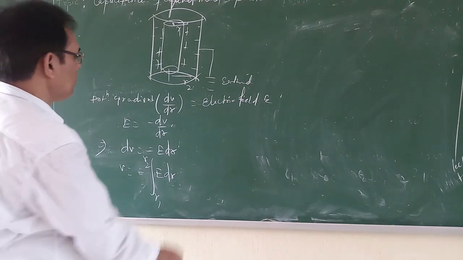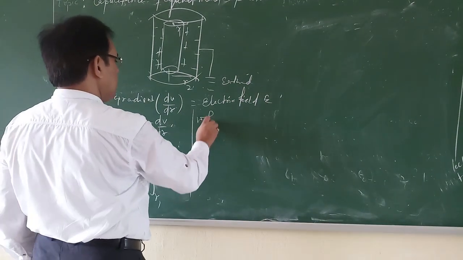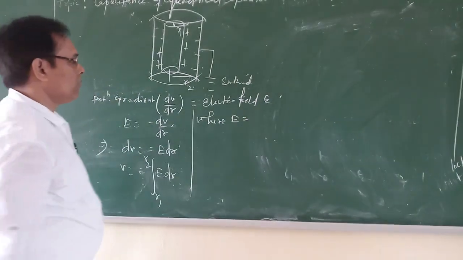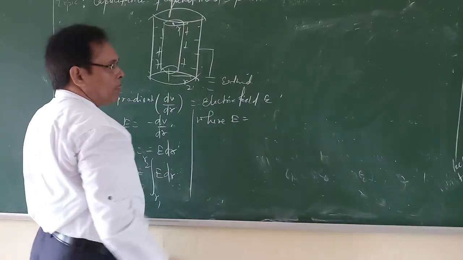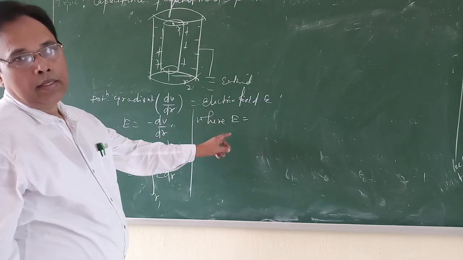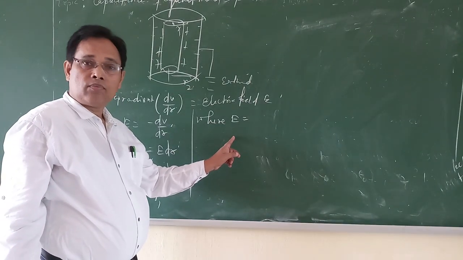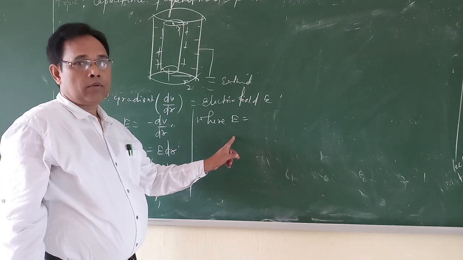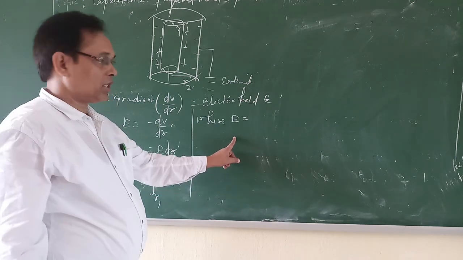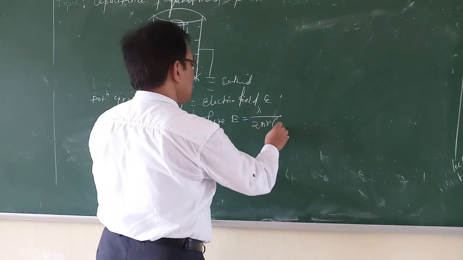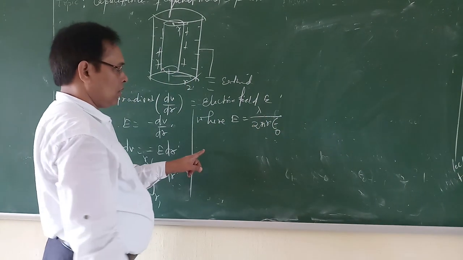Put the value of E, where E is the electric field, and that value you will get from the application of Gauss theorem. Electric field due to a line charge is lambda by 2 pi r epsilon naught.